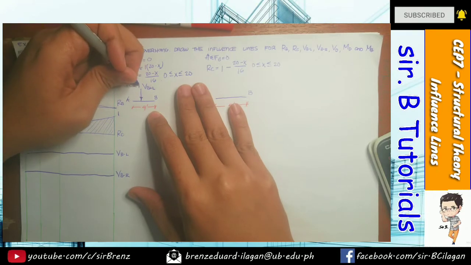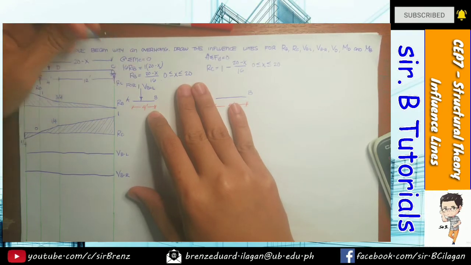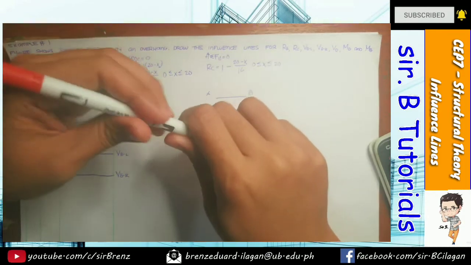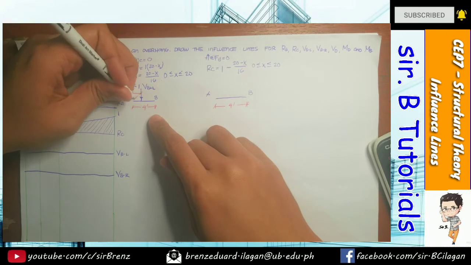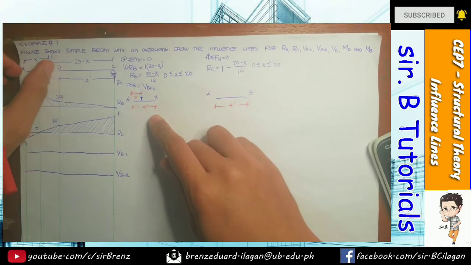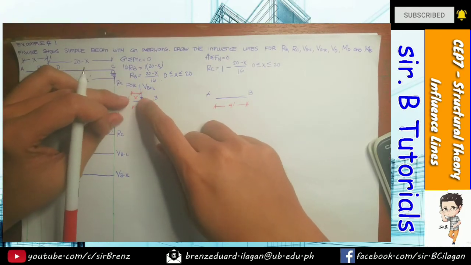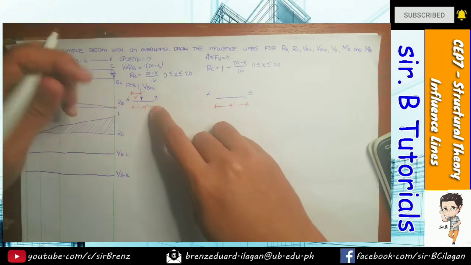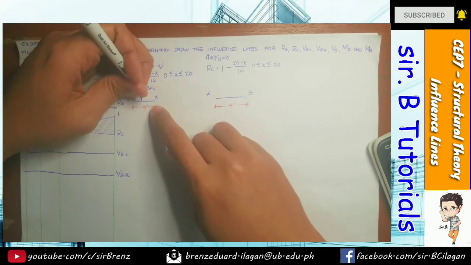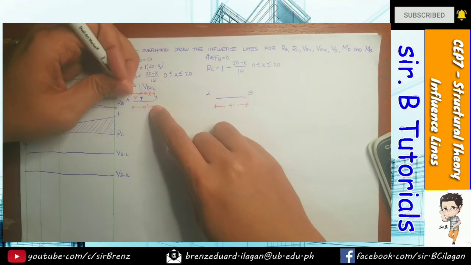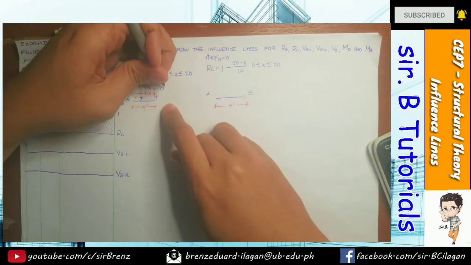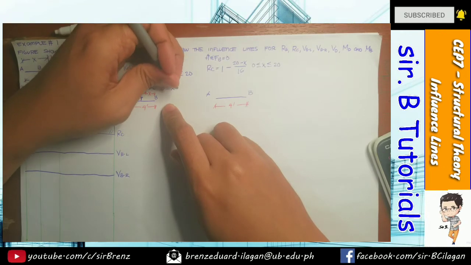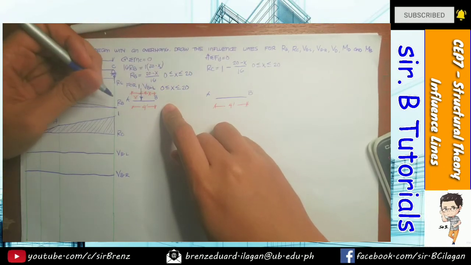So, nandito yung 1 unit load mo. Again, kagaya ng ginagawa natin kanina. So, coming from the leftmost end, ito yung distance x, kagaya ng ginawa natin kanina doon sa r, di ba? So, lagi sa kaliwa yung x. And then, if this is 4, therefore ito is 4 minus x. Okay, so with that, knowing that this equation is only applicable from the distance of 0 up to 4.